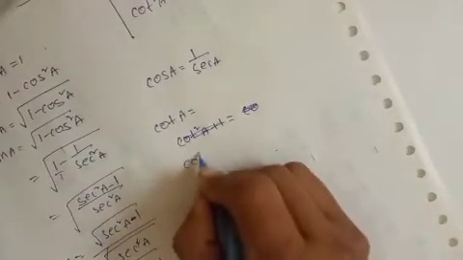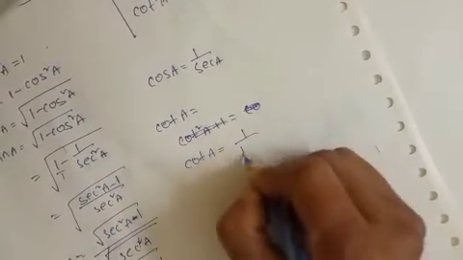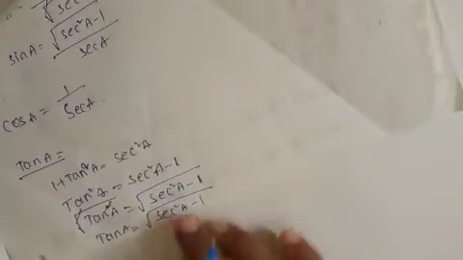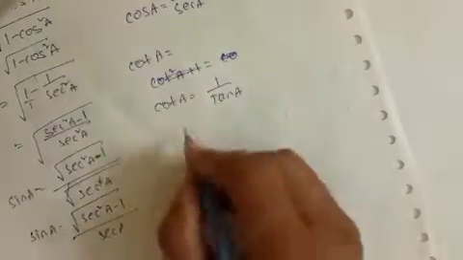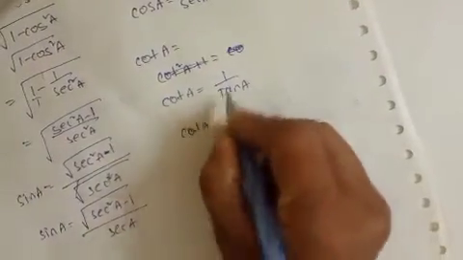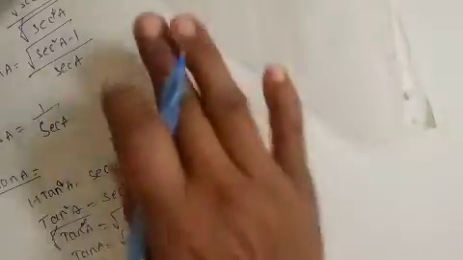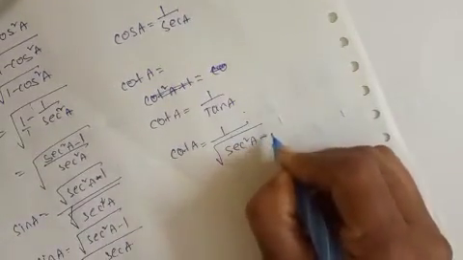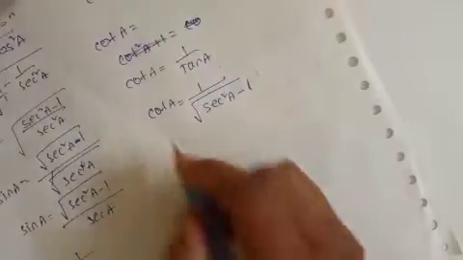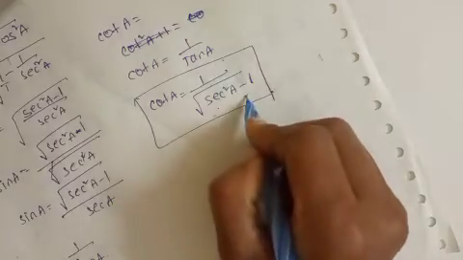Directly, I am finding cot A equal to 1 by tan A. Here we already have the tan A value, so simply I substitute it. Cot A equal to 1 by tan A, and tan A equal to square root of secant square A minus 1. Yes, we get the cot A value in terms of secant.